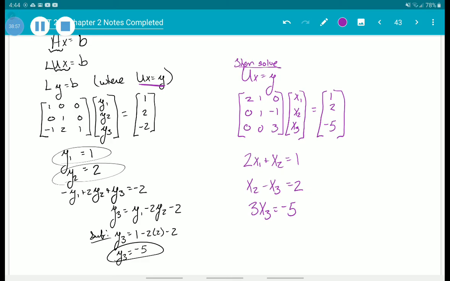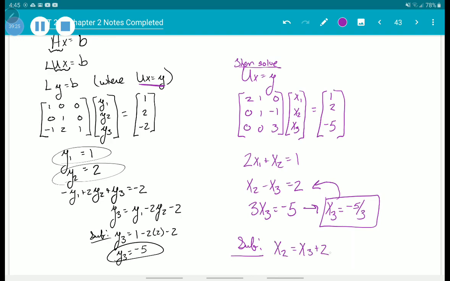Well, if we know that 3x3 is equal to negative 5, then that means that x3 has to be equal to negative 5 over 3. So we know what x3 is. And since we know x3, then we can find x2. So if I do a substitution there, x2 is going to be equal to x3 plus 2.